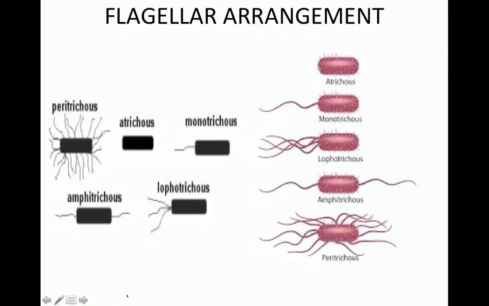This slide is again showing you flagellar arrangement. This is atrichous, no flagella present, as a result of which the organism is non-motile. Mono means one, so there is a single polar flagellum coming out. Lopho means tuft, 3, 4 or 5 flagella coming out from one pole.